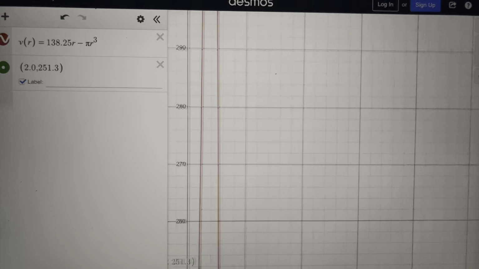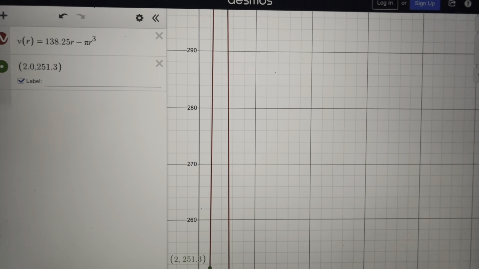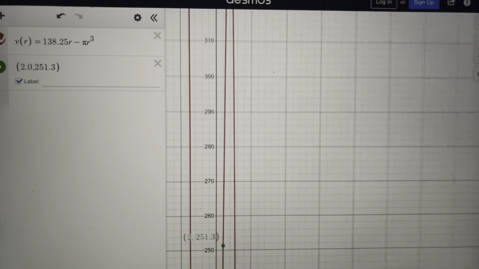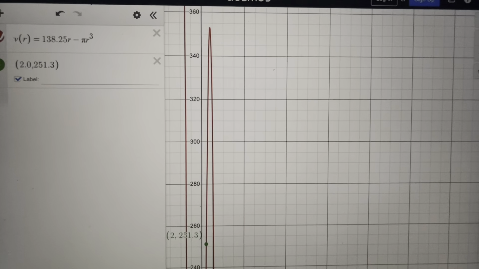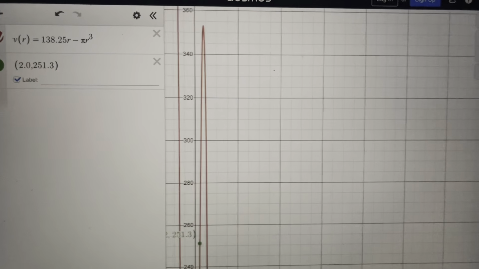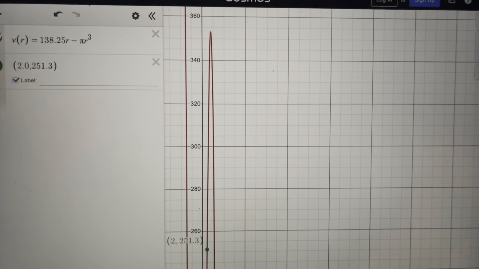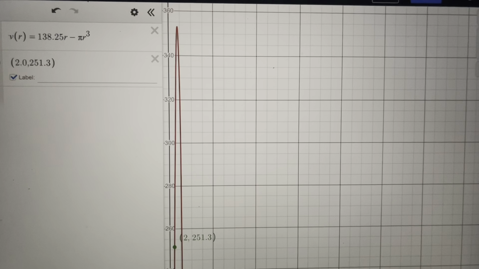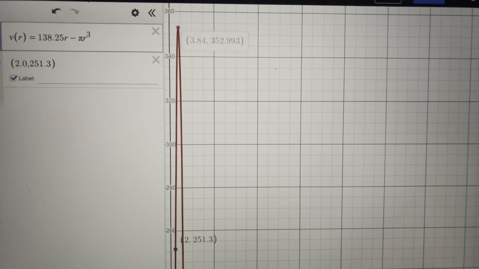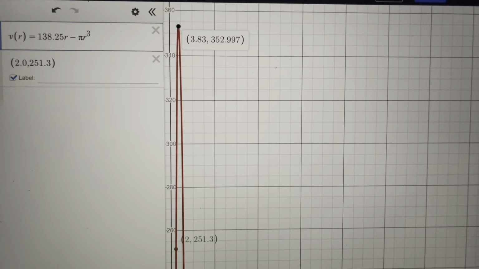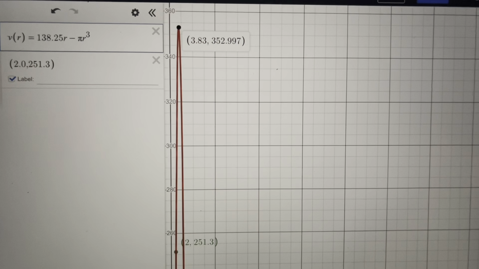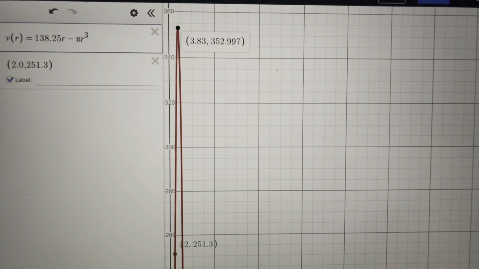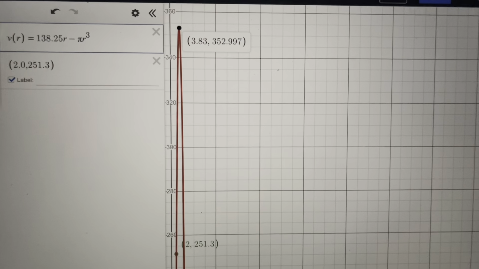You can see there is our 251.3. And if I get them both in the same viewing window, you can see that, there it is, that's what I was looking for. My graph, this point of the original, is 71% of the way to the peak.